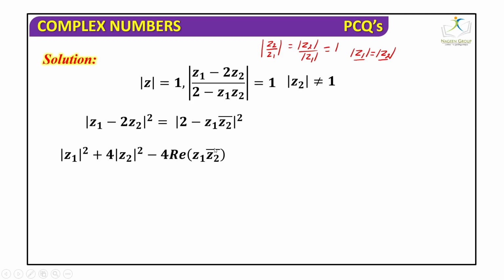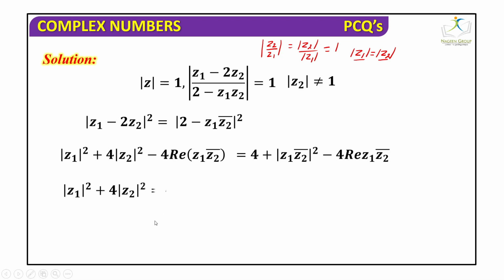This we have discussed in the previous videos. You have watched it, you learned the properties there, how to find out the modulus, how to find out the conjugate. Now again we apply the formula a square plus b square plus 2ab. If it is negative, we put a negative sign, and that will give the real value of z1 into z2 conjugate.